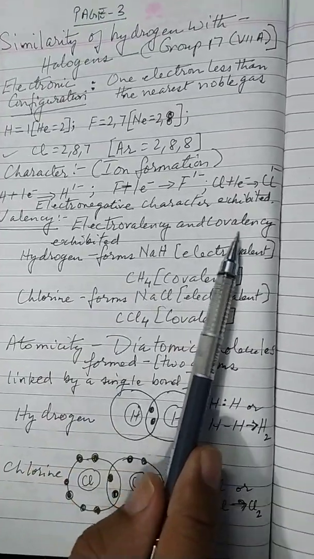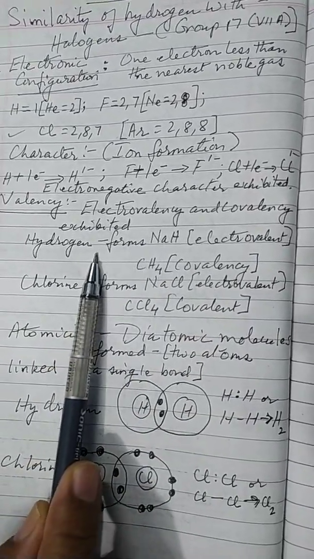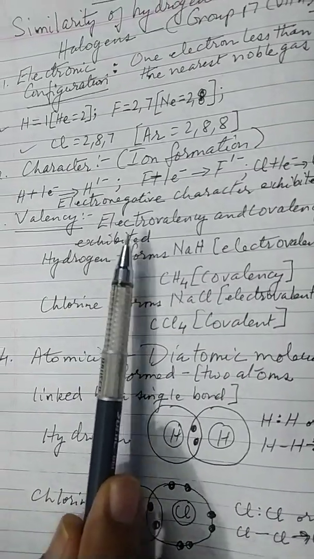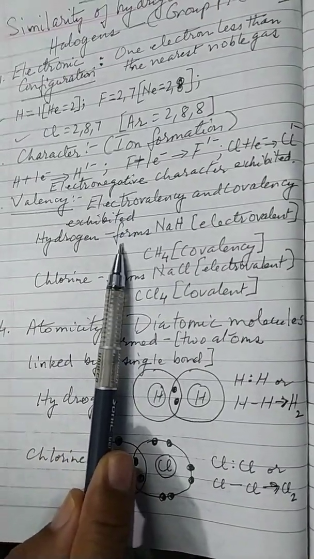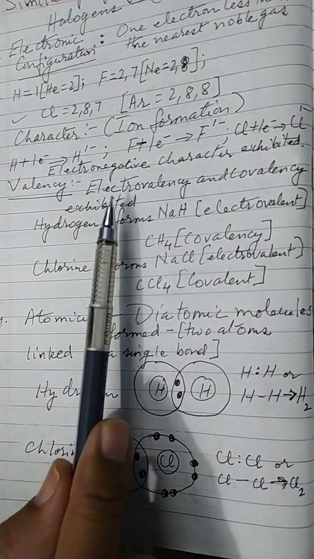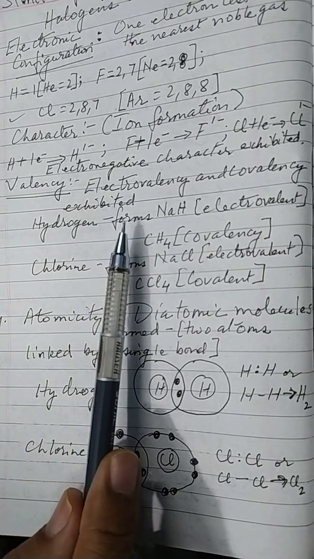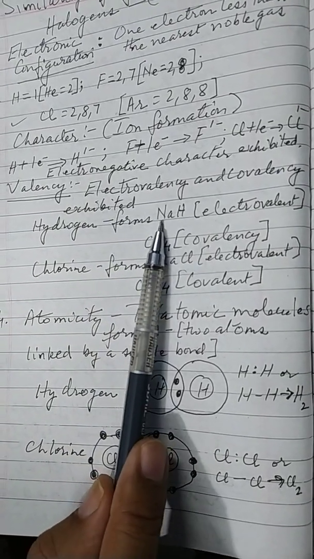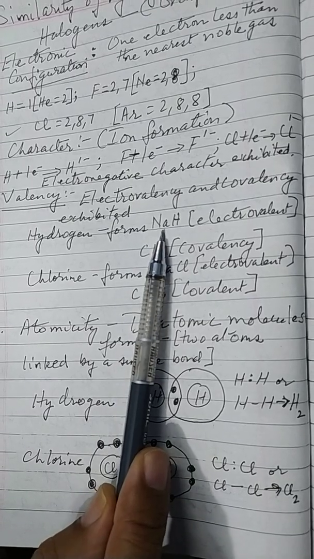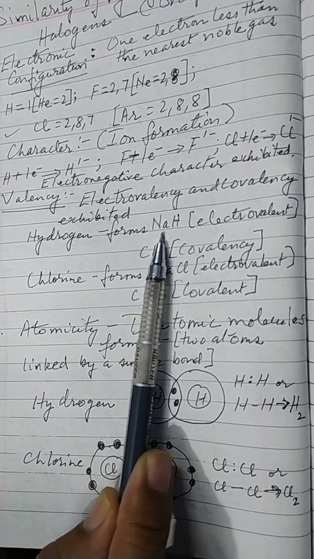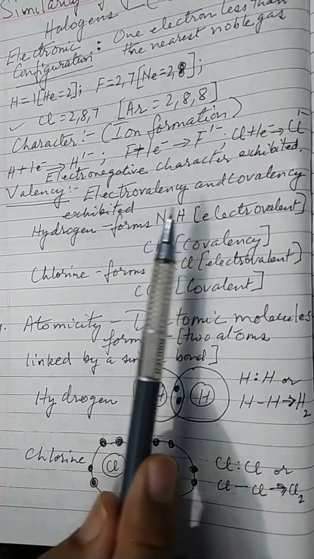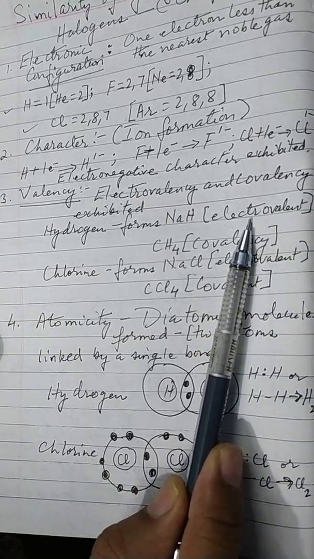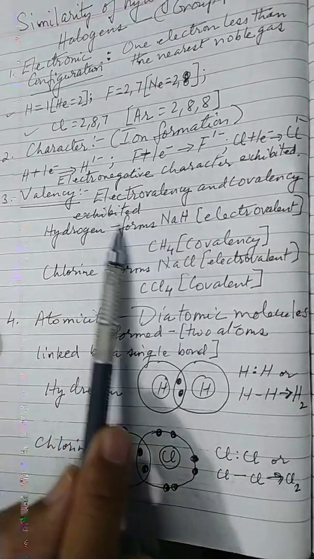Then we see similarity of valency between hydrogen and the halogens. The electrovalency and covalency is seen here. What is electrovalency, children? Electrovalency is when any element breaks into ions, and these ions make compounds with other atoms.